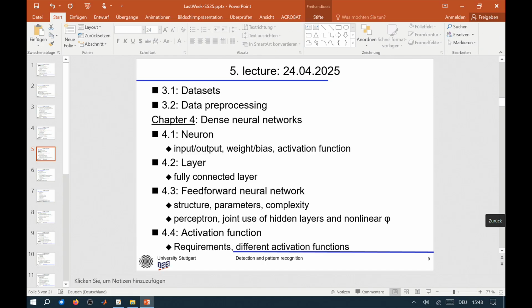I mentioned at the end that it is important to use hidden layers and a nonlinear activation function jointly. If you use only hidden layers without the activation function, or a linear activation function with many hidden layers, there is actually no benefit. Only the joint use is important.